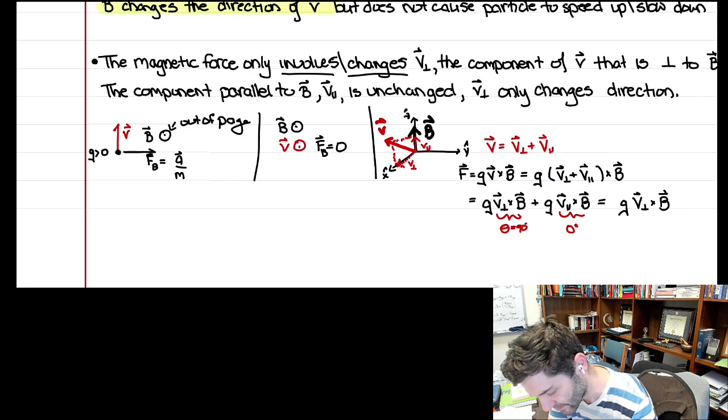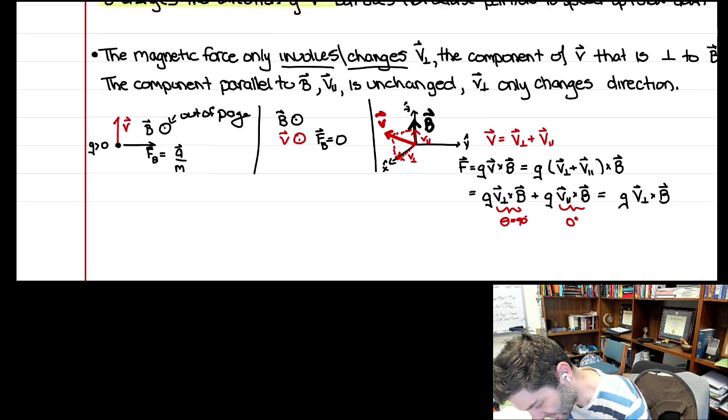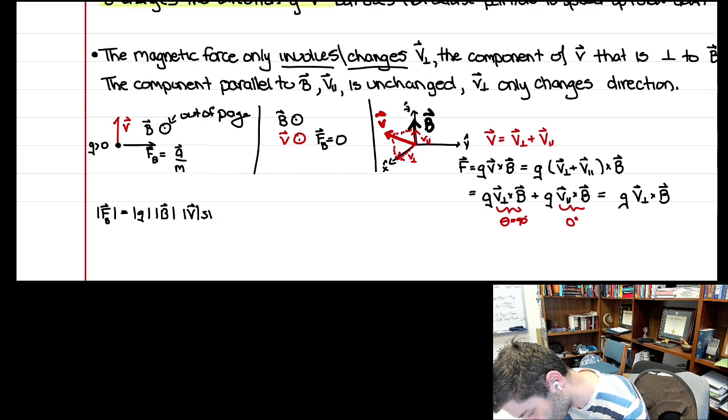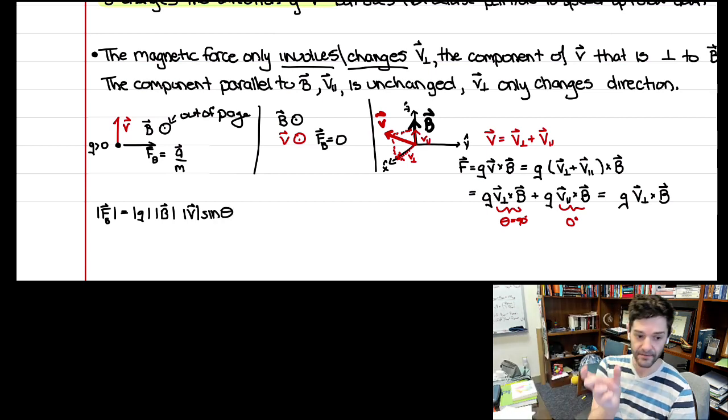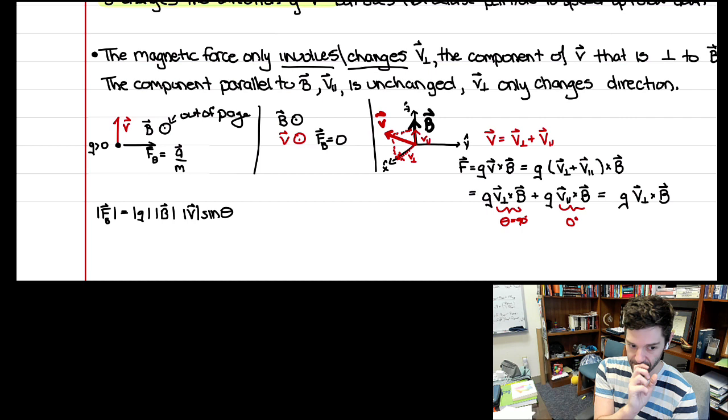And perhaps that's not too surprising, because when we talked about the magnitude of the magnetic force, again, I have not changed anything here. It is still just this, where I use the entire original vector v.